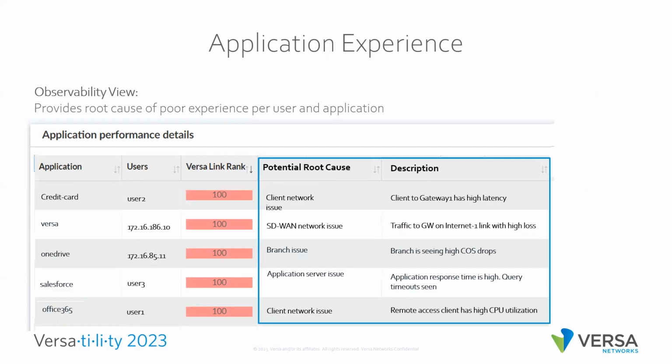And on further drill down, it can provide you details of what was the reason for the failure, like the client to gateway leg was failing, or which of the underlay paths was having poor performance, or whether the branch saw high packet drops, etc. So by categorizing into these high-level categories, we are easily able to triage the issue, and then the network operator can delegate the issue to appropriate teams.